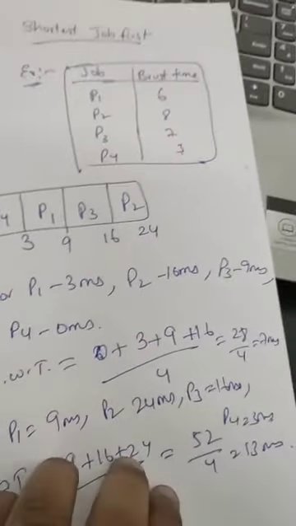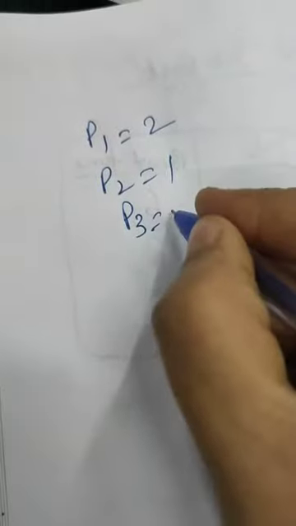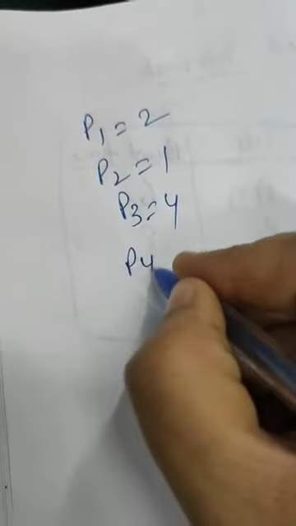Okay, I'm going to explain with another example. Let P1 be 2, P2 be 1, P3 be 4 and P4 be 3. Now I'm going to draw a Gantt chart for this. What is the shortest job here?